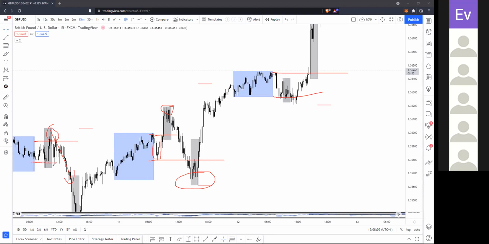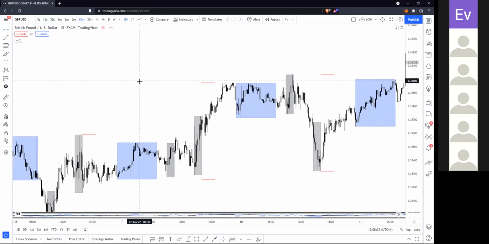Price took Frankfurt's low, they showing you a reversal. Why did price? There is no other logical conclusion to this than price taking Frankfurt's high. That's why it reversed. Price taking Frankfurt's low, that's why it reversed. Why would price reverse from this area if not to take liquidity from Frankfurt's volume?